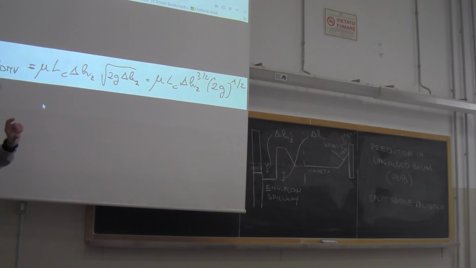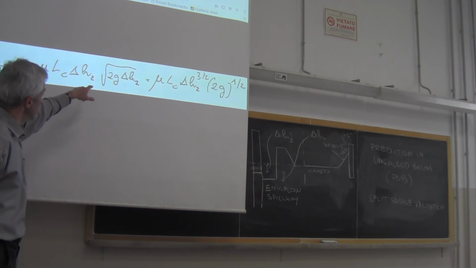Delta H2 is the water head, the water height over the spillway, which is precisely equivalent to the difference in elevation, delta H2, between the two spillways, environmental flow and diversion. Because we want this water height to be equivalent to delta H2 in the presence of environmental flow over the spillway.